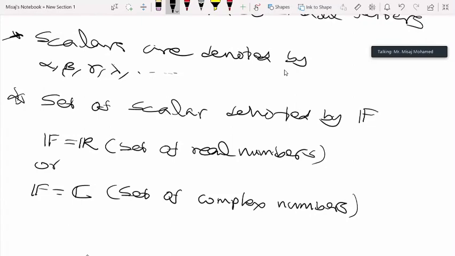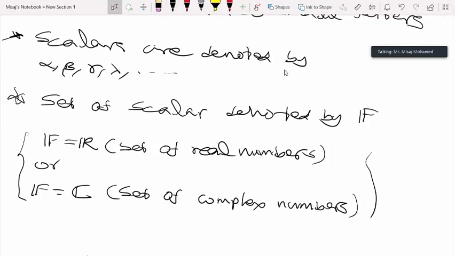The set of scalars is denoted by F. In this whole chapter we are taking F as R or C, one of those two.